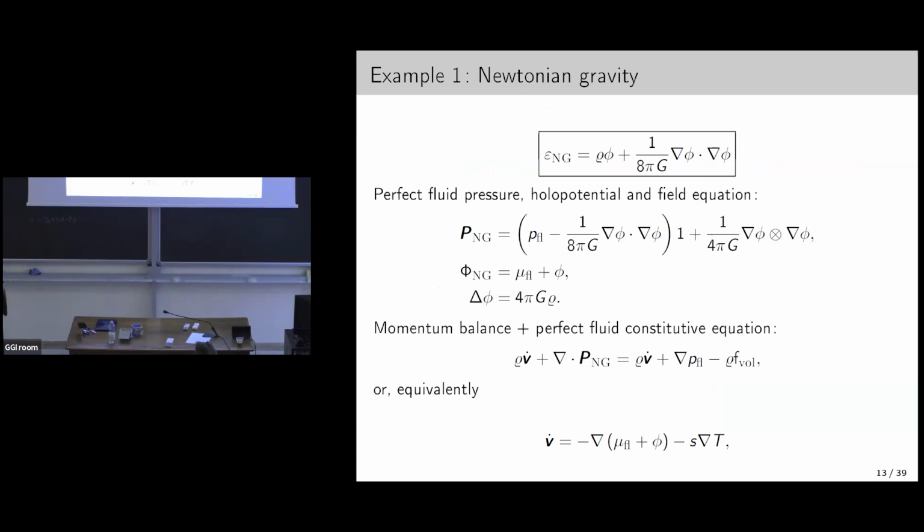Okay, let's see an example. It means that in this construction, everything originates in this perfect energy. If I introduce this energy form, you may recognize here the usual gravitational field energy. And actually, this is also a gravitational field energy, but in the usual form, but that's another point. Then we can deduce simply that the perfect pressure has this form, the potential has this form.